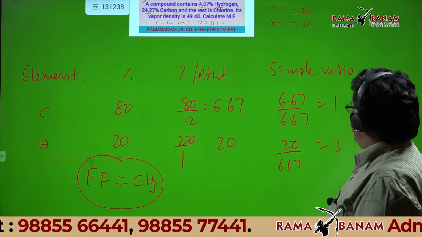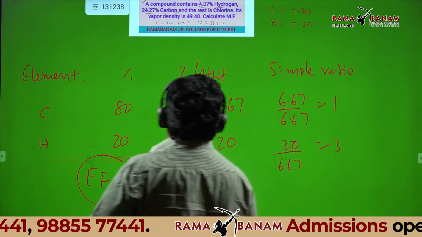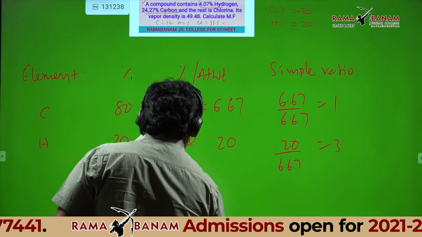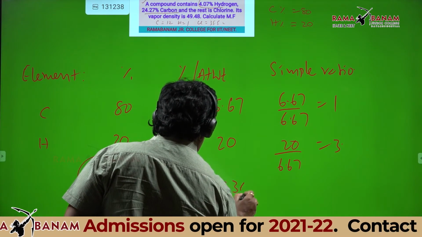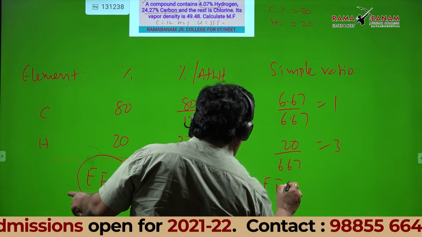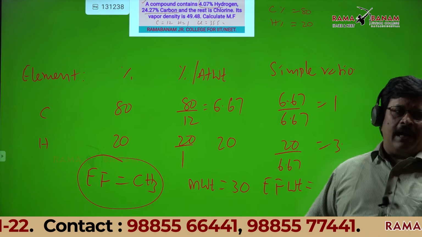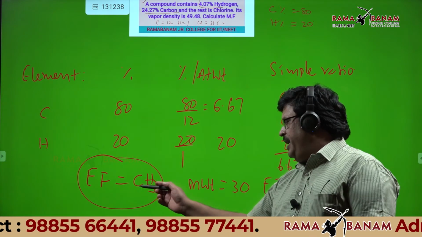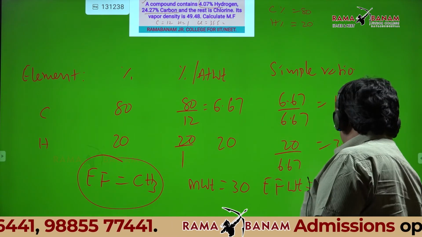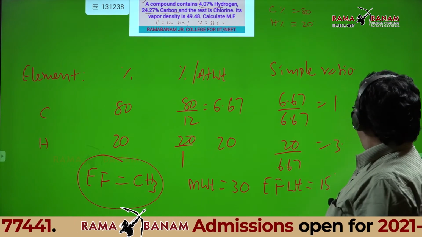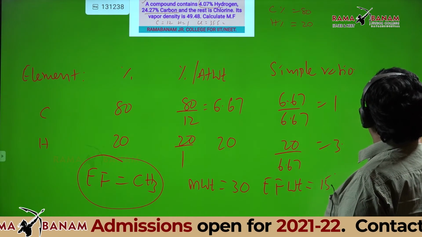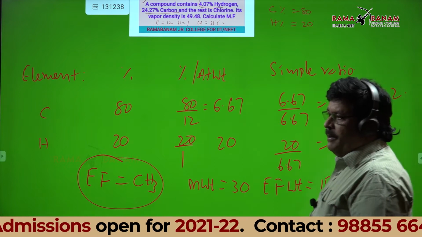The molecular weight is given as 30, and the empirical formula weight is calculated like a molecular weight: 12 plus 3, 15. So n is 30 by 15, which is 2.